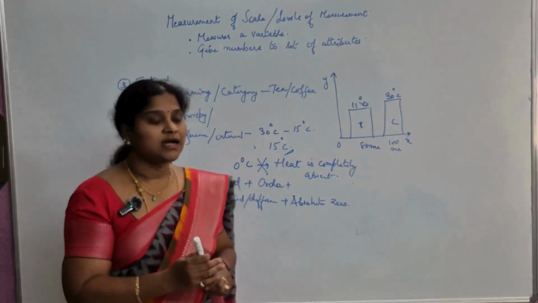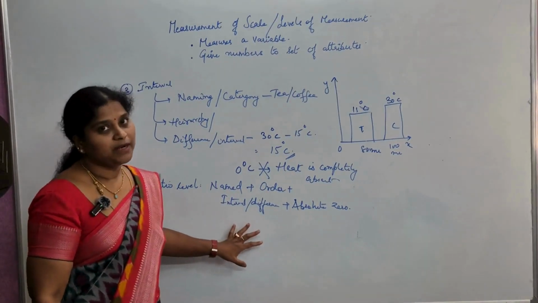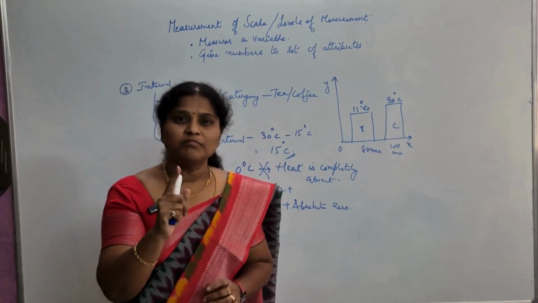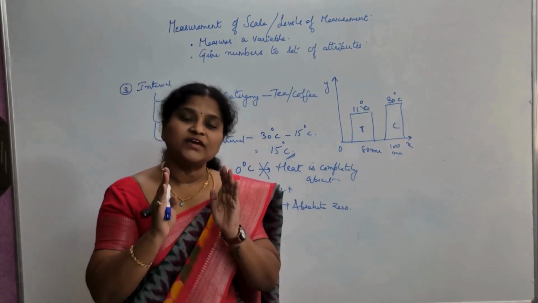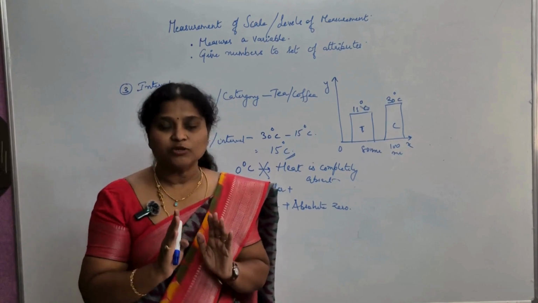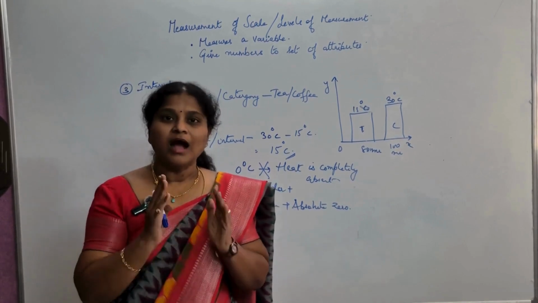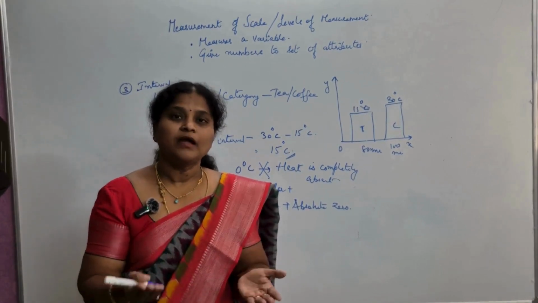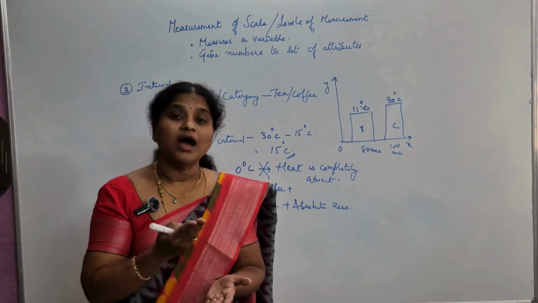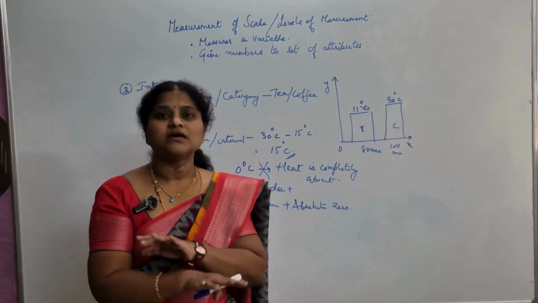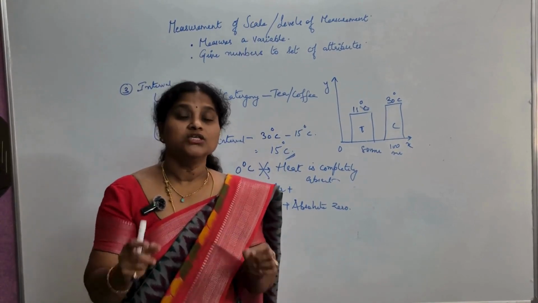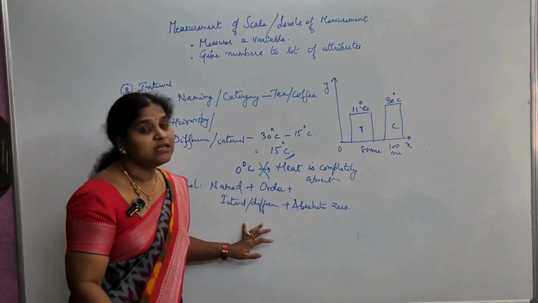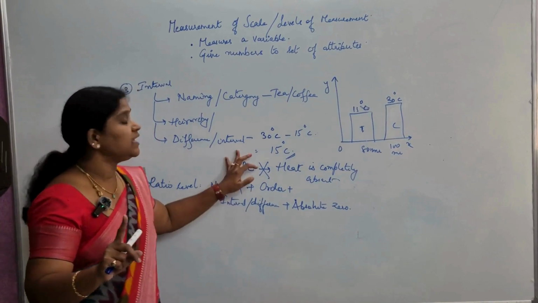For such data, the fourth level can be applied. Example, weight of a ball is zero, means the ball doesn't have any weight. Height is zero, means there is no height at all. Heart rate 0 means the heart is not beating at all. So absolute meaning of 0 can be observed in the ratio level, which is not observed in the interval level.